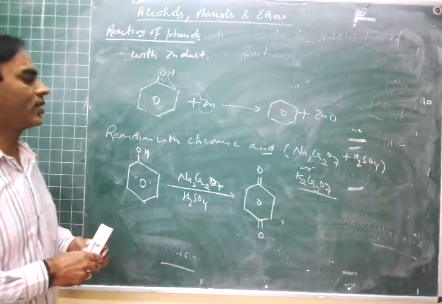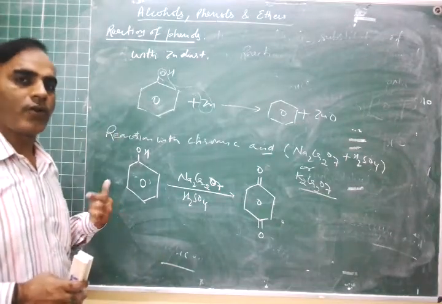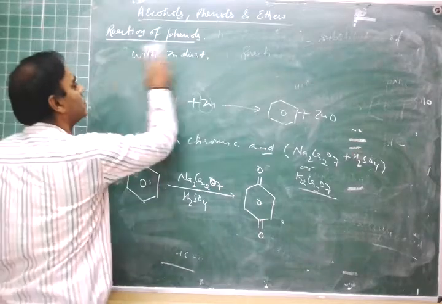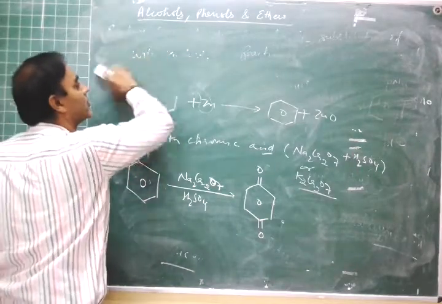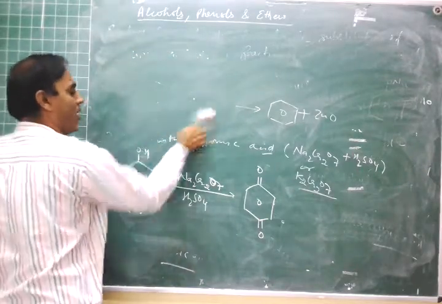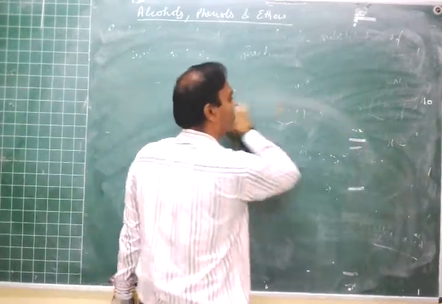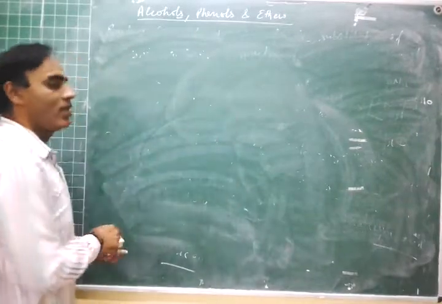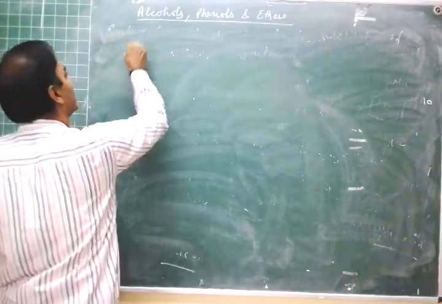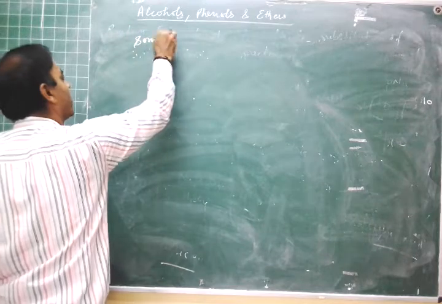Now next we will study some commercially important alcohols. This is the last part of the alcohols and phenols, and after that we will discuss ethers. So some commercially important alcohols and phenols.